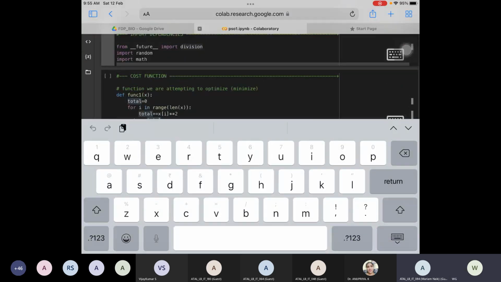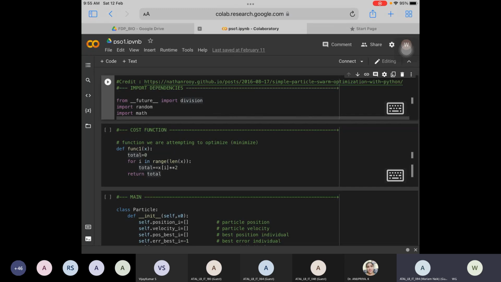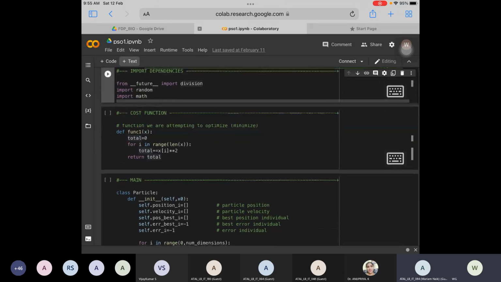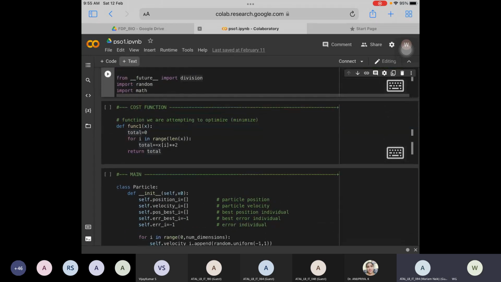So here, what we see is that we have a cost function that is given by func1. So you basically have a function which you need to optimize, and it's a minimization objective. So the value of x of 0 and x of 1, for which this total is minimum, right?